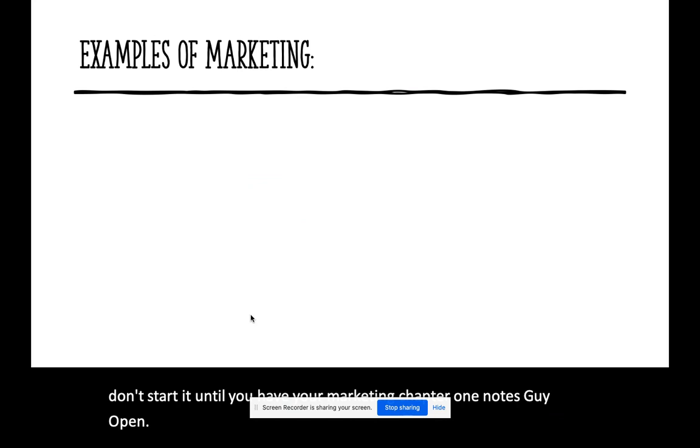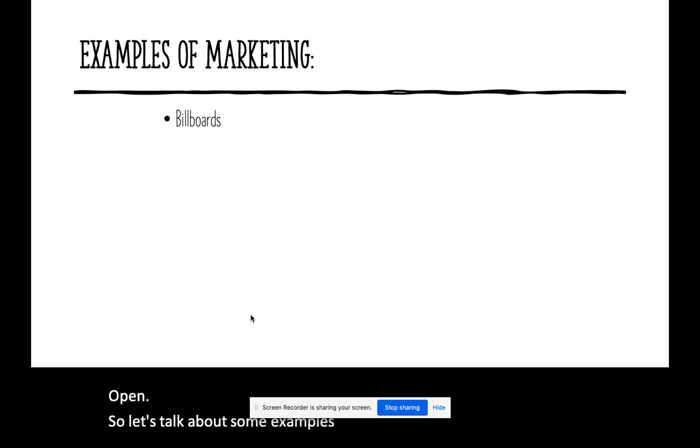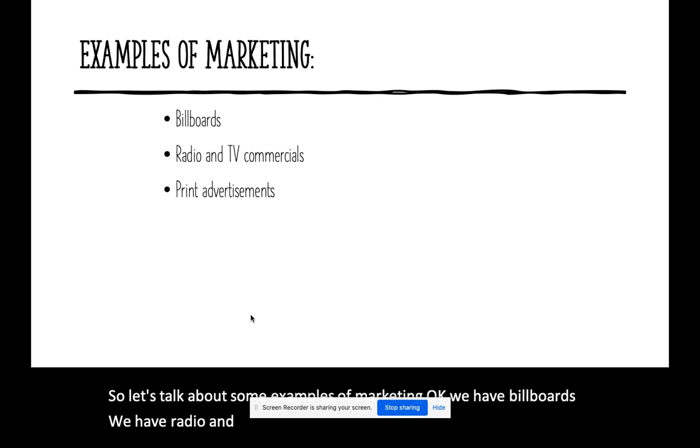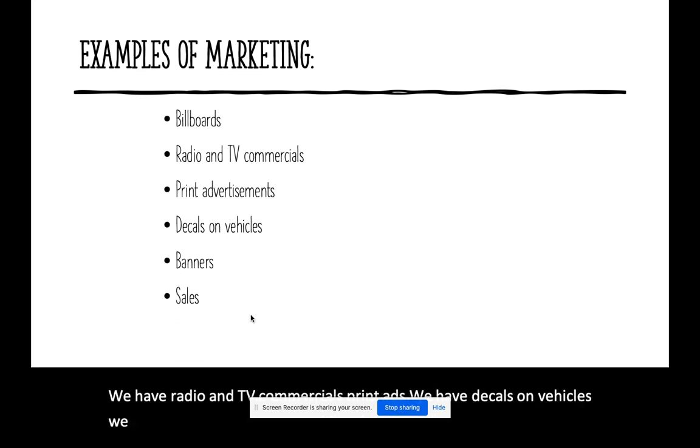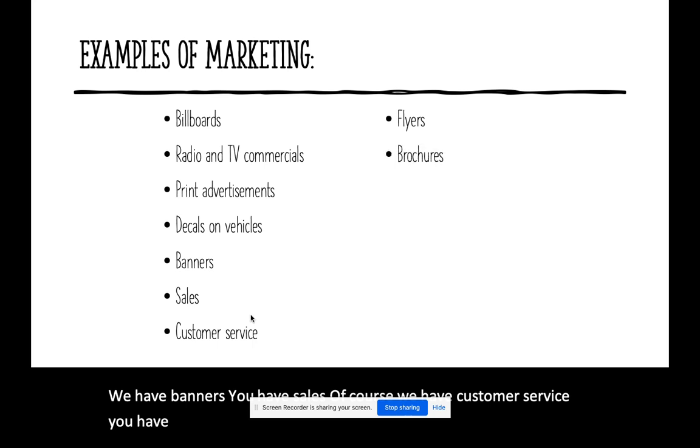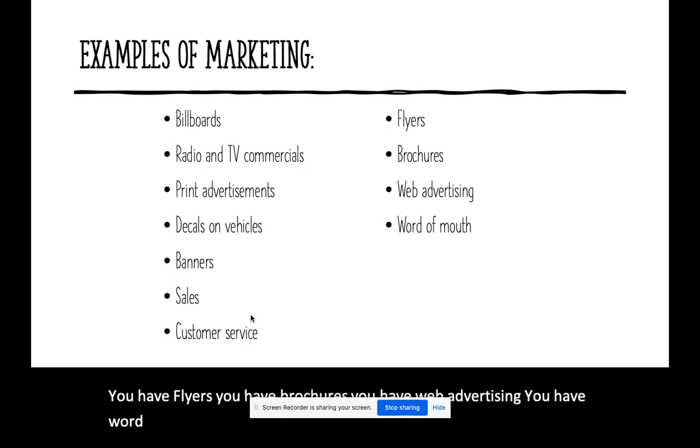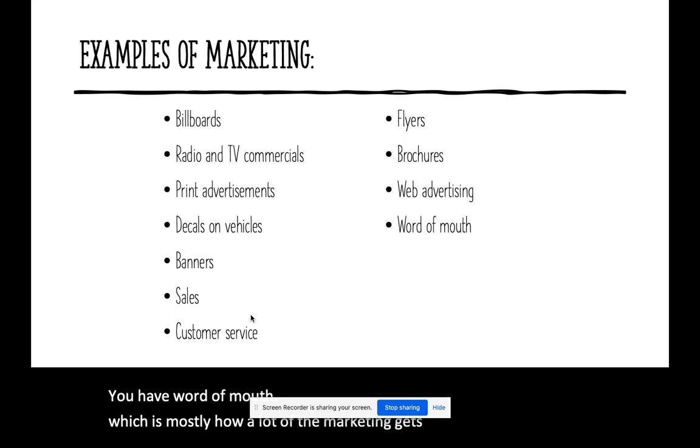So let's talk about some examples of marketing, okay? We have billboards, radio and TV commercials, print ads, decals on vehicles, banners, and sales, of course. We have customer service, flyers, brochures, web advertising, and word of mouth, which is mostly how a lot of the marketing gets done on social media.